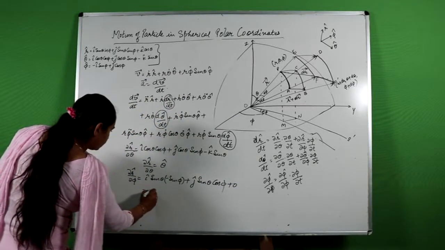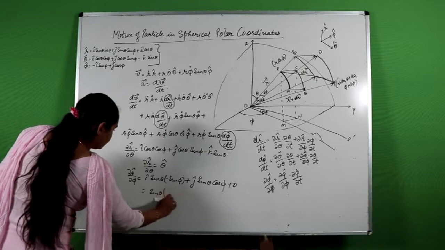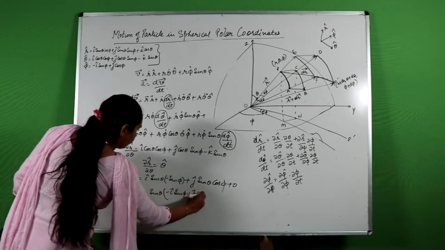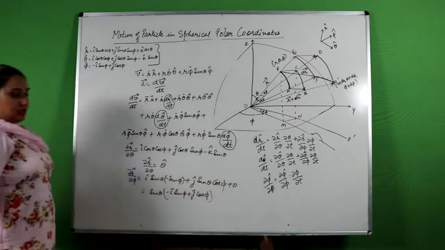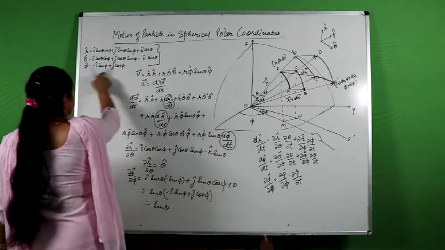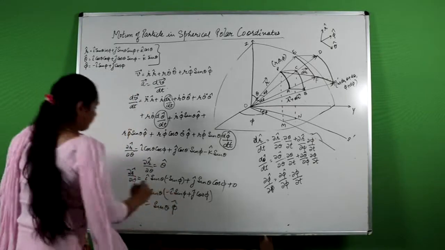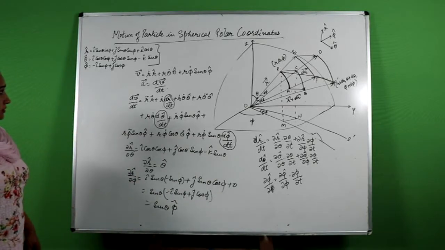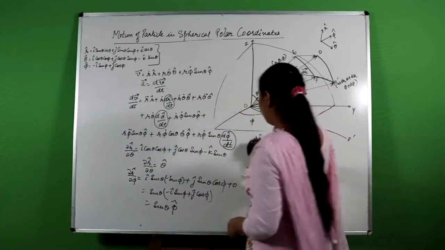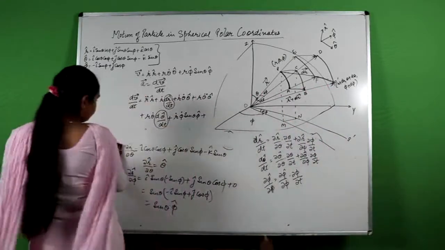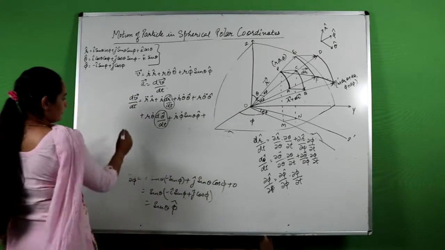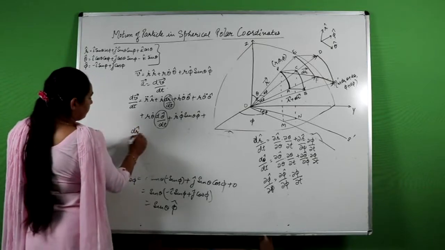So if I take sin theta common, it will give me minus i cap sin phi plus j cap cos phi. So this is sin theta times, if you clearly see, my phi cap. Now I put the value over here, and I will get dr cap by dt.